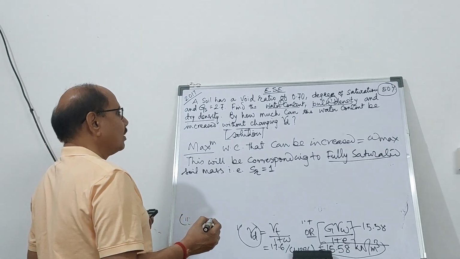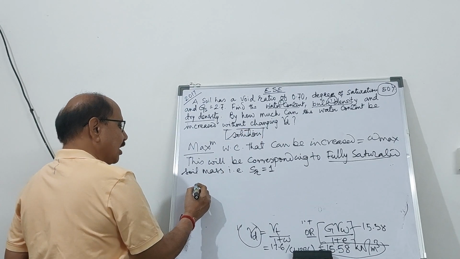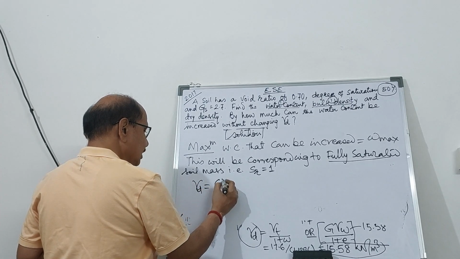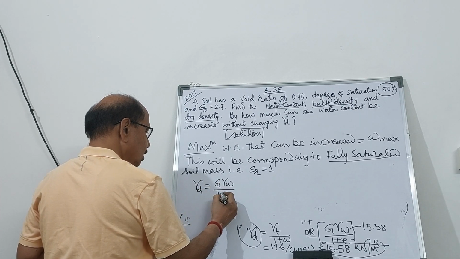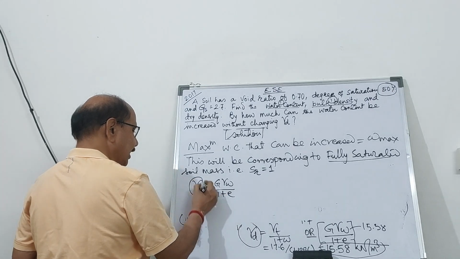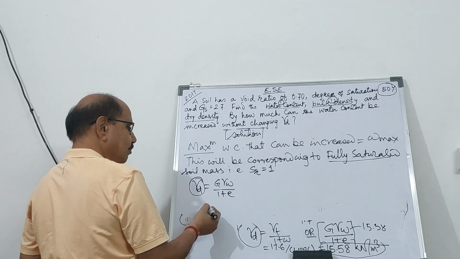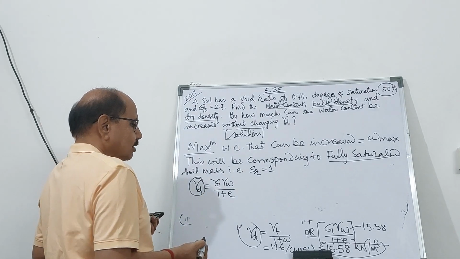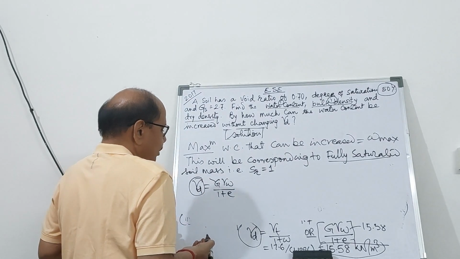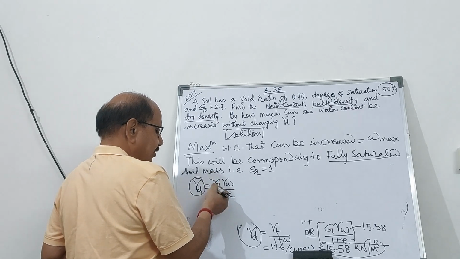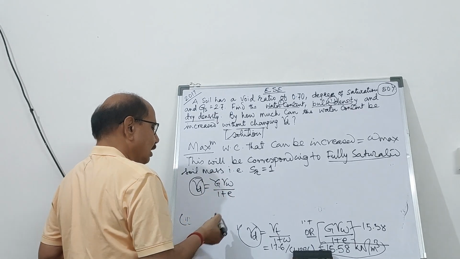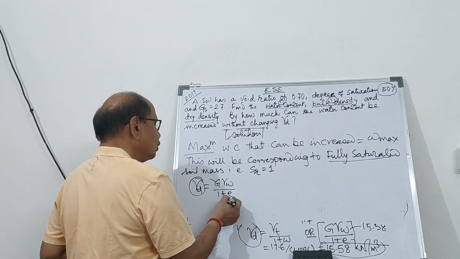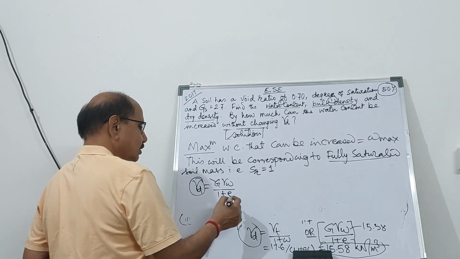So without changing gamma D. Now what is gamma D? Gamma D is given as G gamma W upon 1 plus E. You are not going to change it. It remains the same. G, you are not going to change for the given soil mass. The specific gravity of soil solids remains the same. Gamma W doesn't change. So E is also going to be constant.